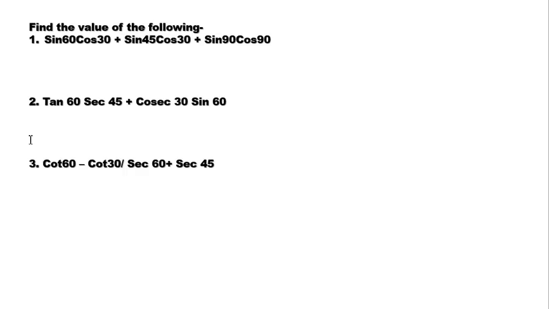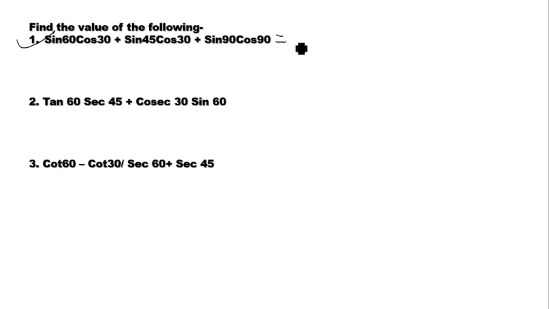Now see, these are the questions which you need to attempt. Straight away they have asked you to find the value of sin 60 cos 30 plus sin 45 cos 30 plus sin 90 cos 90. So let's see. What is sin 60?